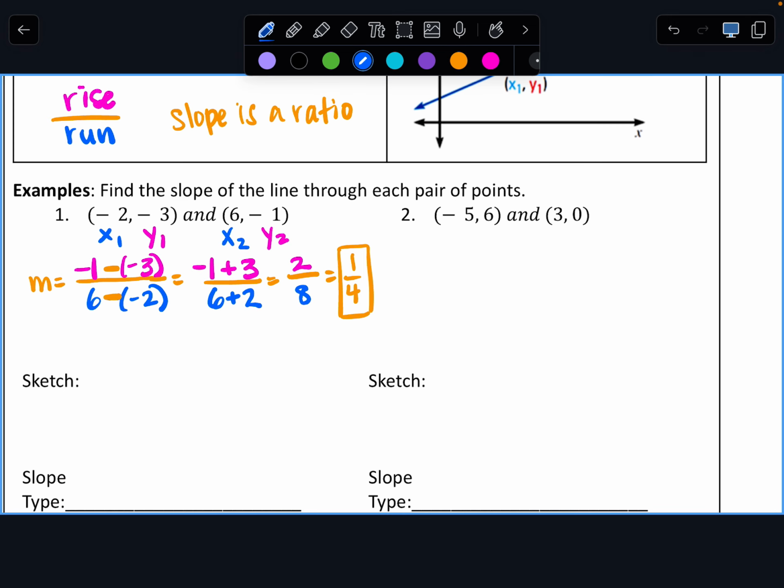Number 2, label the points x1, y1, x2, y2. Now we'll plug it in. y2 minus y1 is 0 minus 6. x2 minus x1 is 3 minus -5.